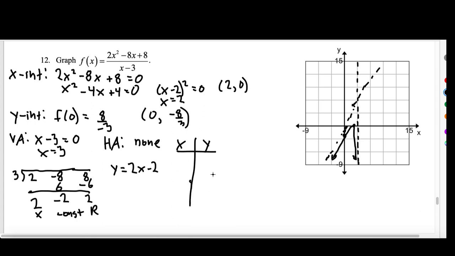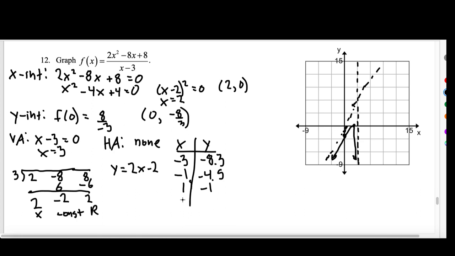So for example, if I plug -3 into the function and solve, I'm going to get -8.3. Okay, that's going to be a point down in this area. If I plug in -1, I'm going to get -4.5. That's going to be a point down in this area as well. If I plug in x equals 1, I'm going to get -1. That's going to be down in this area as well.